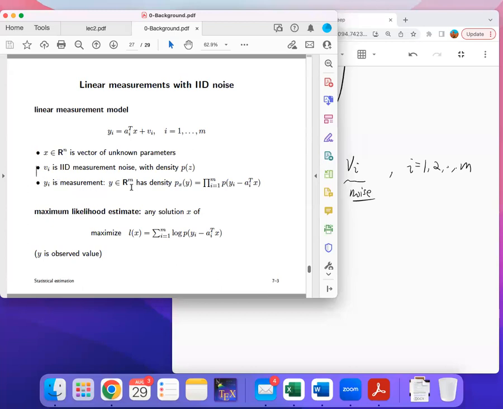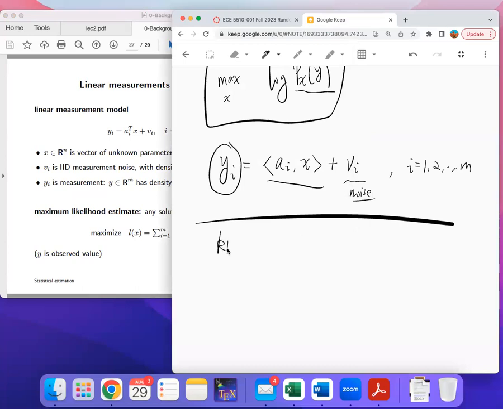So what we have here is that only the vi is random. Okay? Only this noise is random. The other stuff are deterministic, and X is the unknown parameter that we want to infer. So we know ai, and we know yi.